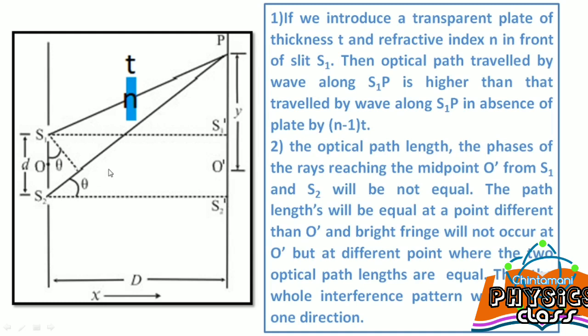The path lengths will be equal at a point different from O, and bright fringes will not occur at the point O, but at a different point where the two optical path lengths are equal. Thus, the whole interference pattern will be shifted in one direction.